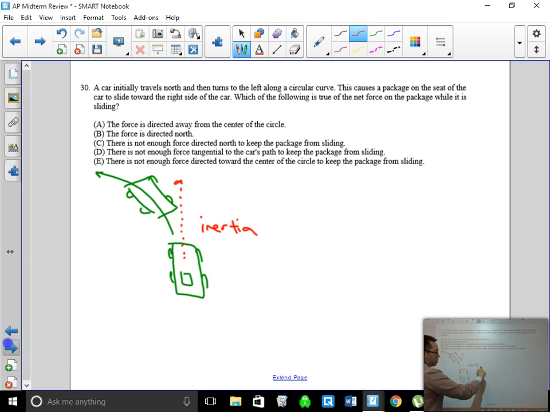That is its inertia. So it wants to go in that direction, and it ends up getting pushed against the right side. So there's nothing actually pushing to the right. It just slides to the right because there's not enough centripetal force towards the center to hold it in place, which means the answer is choice E.